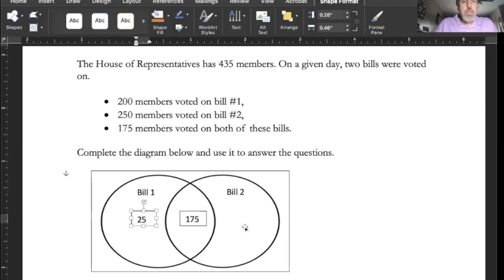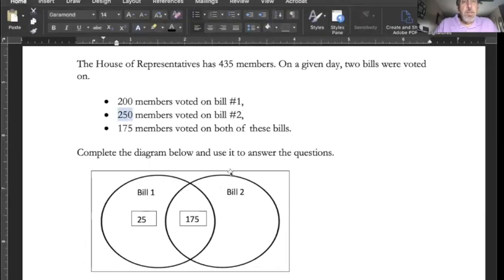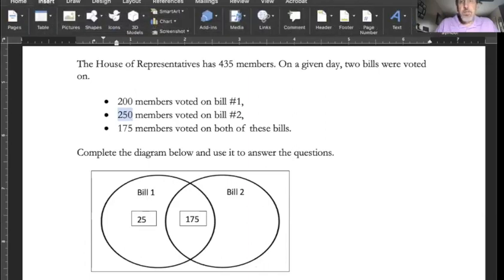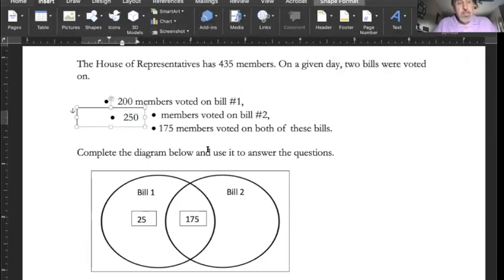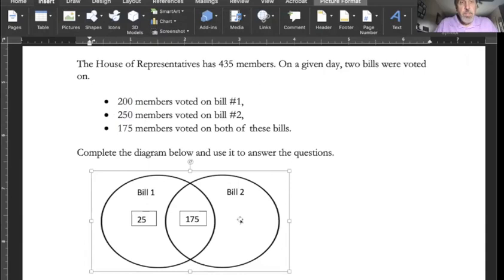We're going to do the same thing with bill number 2. We know that 175 people have already voted on bill number 2, and that there are a total of 250 people that voted on bill number 2. So the difference between those 250 people and the 175... Hang on a second, something weird just happened. Here we go.